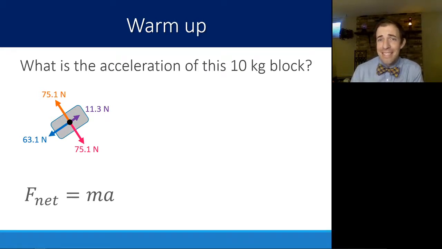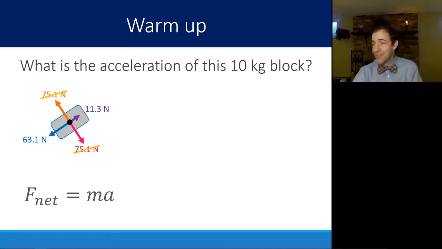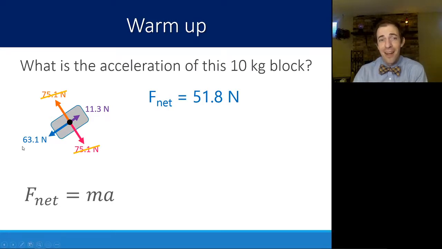The only difference here from what we've seen before is now, instead of the forces being perfectly horizontal or perfectly vertical, they're just tilted at an angle, but these 75.1 newtons are still equal and opposite, so they still cancel each other out. So we're left with a 63.1 and an 11.3 that are opposing each other, and they cancel to give you a net force that's the difference between them, 51.8.